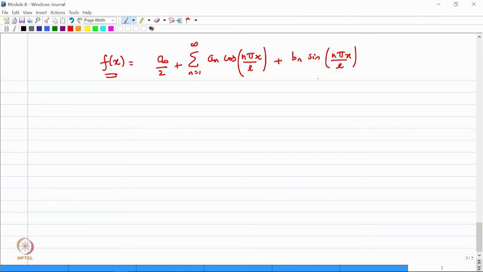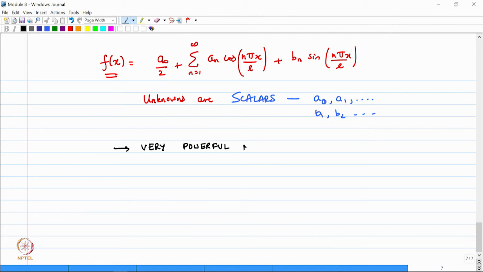On the right hand side, the unknowns are scalars a 0, a 1, b 1, b 2 and so on. So now instead of having an unknown function, you just have unknown scalars. This turns out to be a very powerful method to solve for f of x.